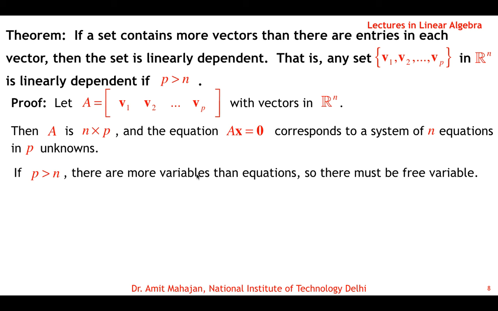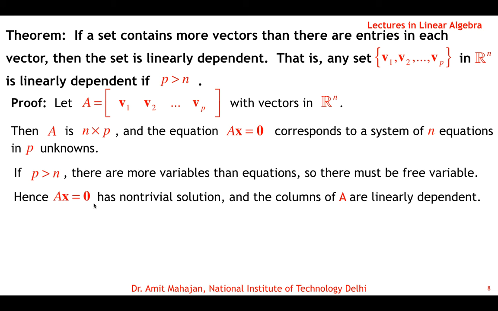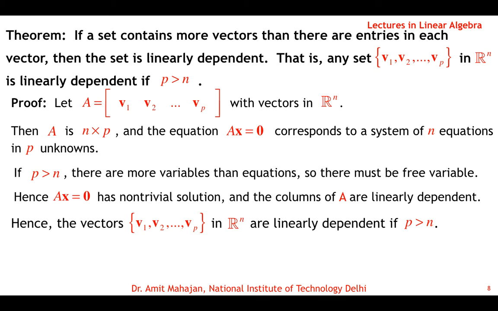So there will be a free variable, and if there is a free variable, then the homogeneous system has a non-trivial solution, and so the columns of A are linearly dependent. Hence the vectors in Rn are linearly dependent if p is greater than n, that is, if the number of vectors is more than the number of entries in each vector.